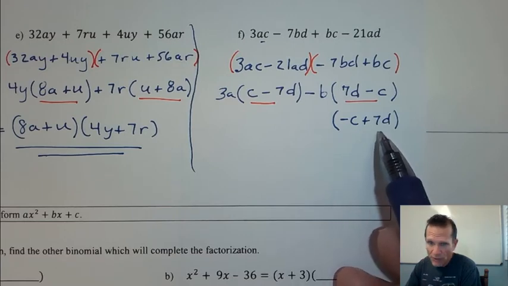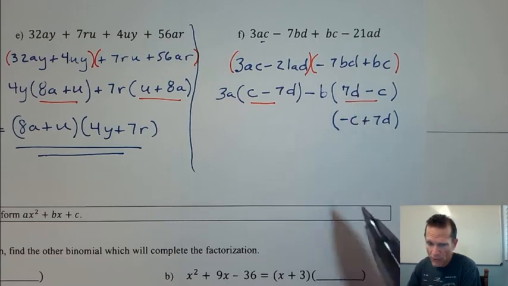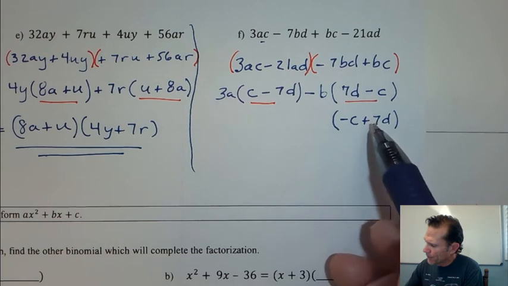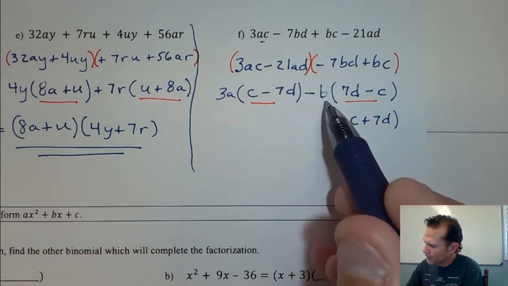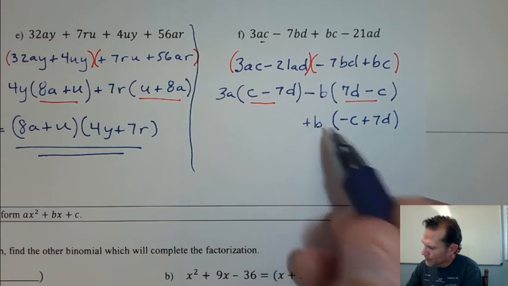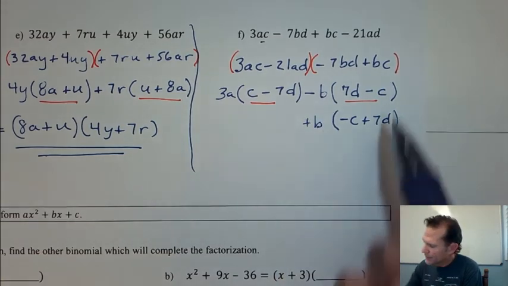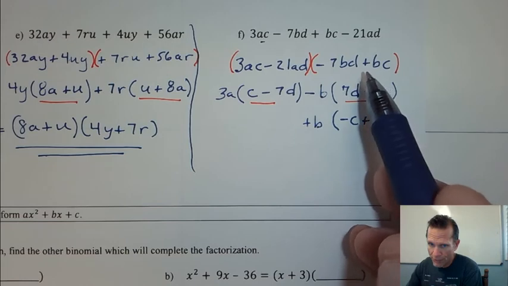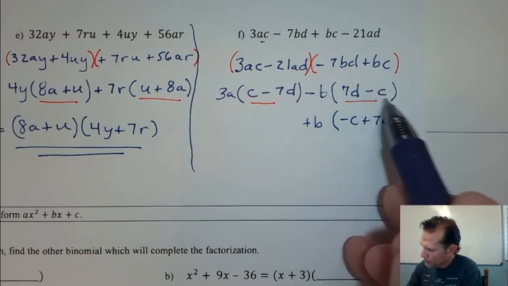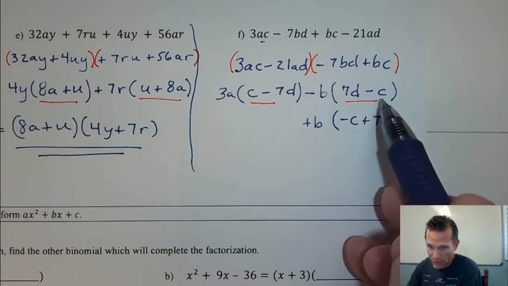So thinking this through, this one's a little complicated because of the way I rearranged, and on the note packet it's a little bit different. We think about, well, what would have happened if I wouldn't have factored out a negative b? It would have been plus b here, right? And these signs wouldn't have changed.